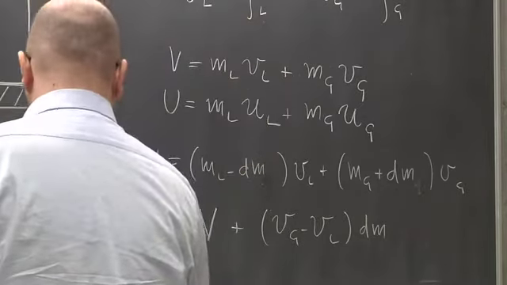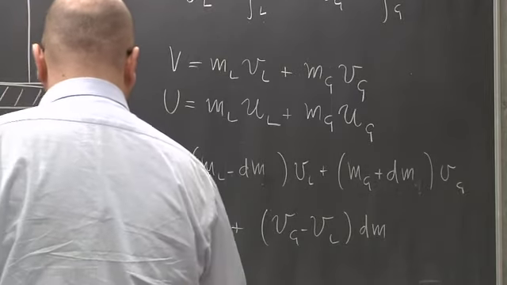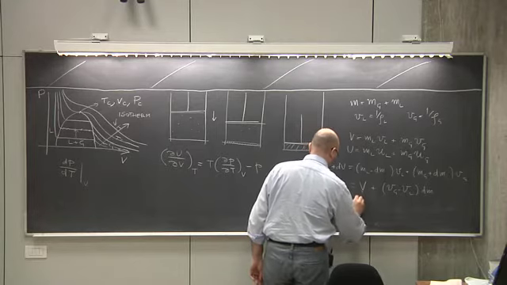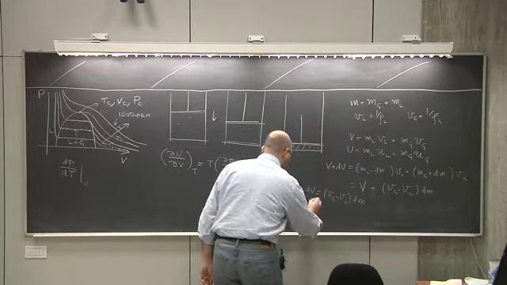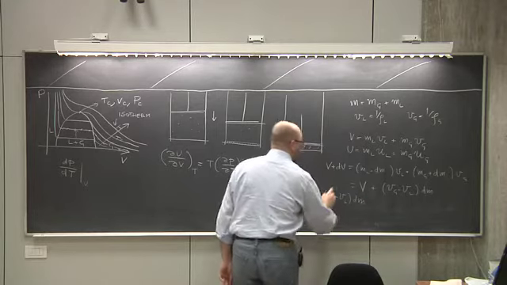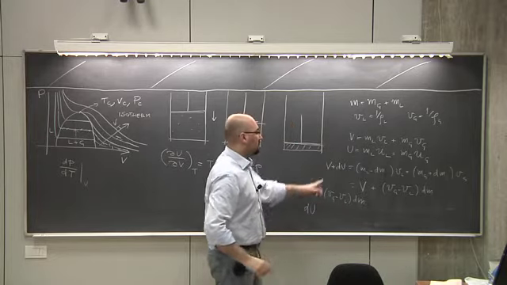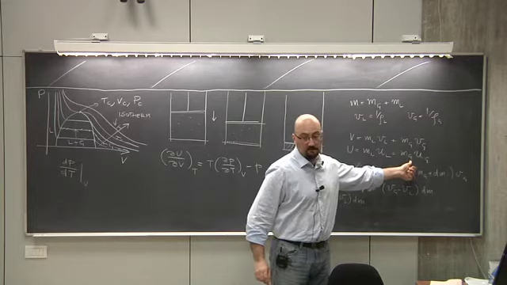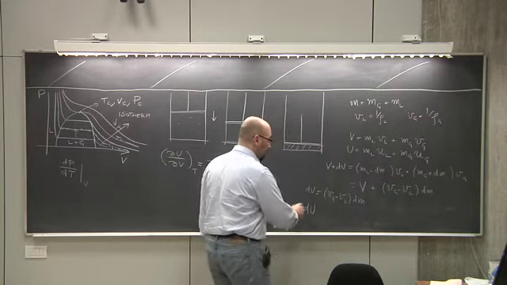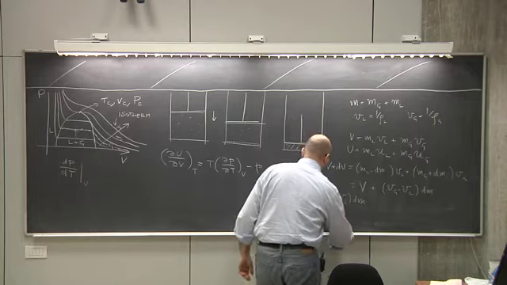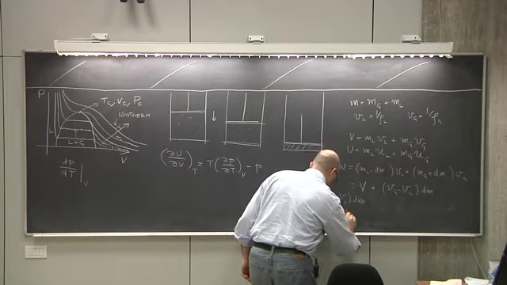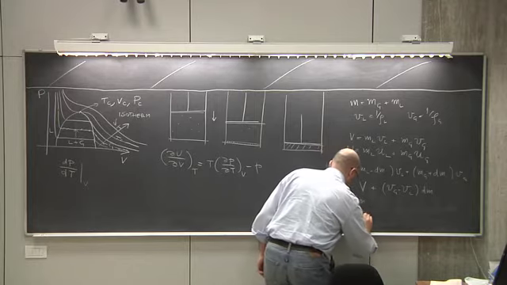So dV is (V gas minus V liquid) times dm. And doing the same reasoning on U, when a little bit of mass from the liquid goes into the gas, we get a change in internal energy, which is just (UG minus UL) times dm.